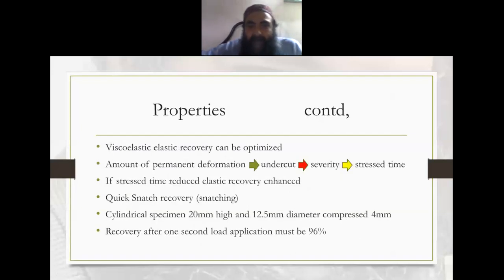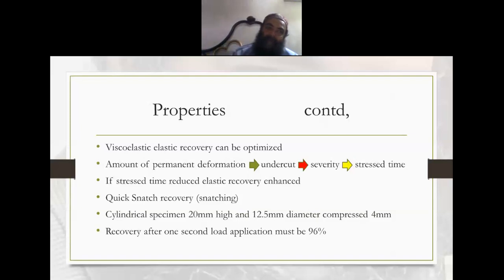Viscoelastic recovery can be optimized. For understanding viscoelastic recovery, you can simply imagine the shock absorber of your motorbike, your car, or anything which has a shock absorber.